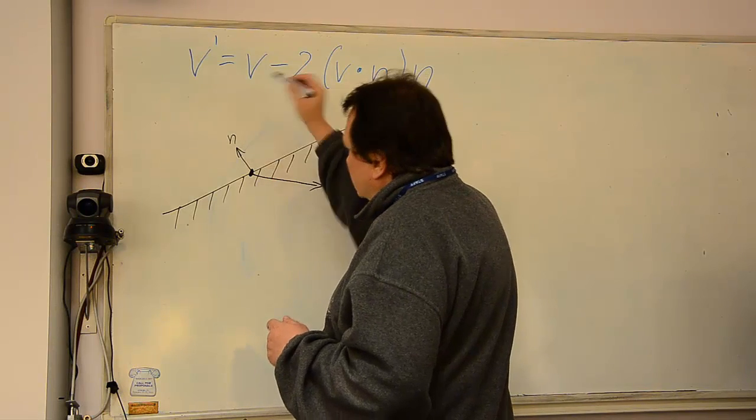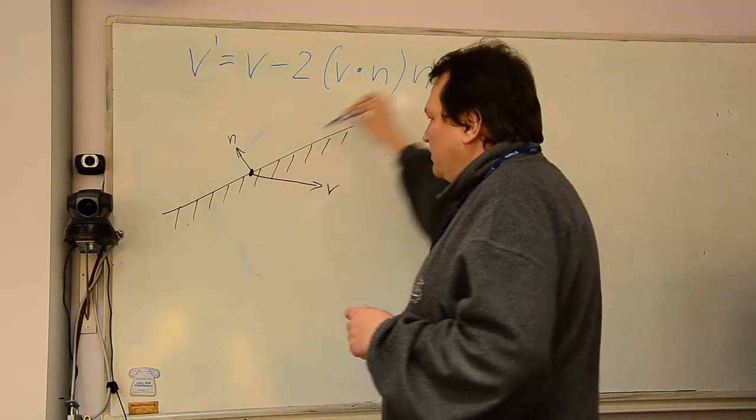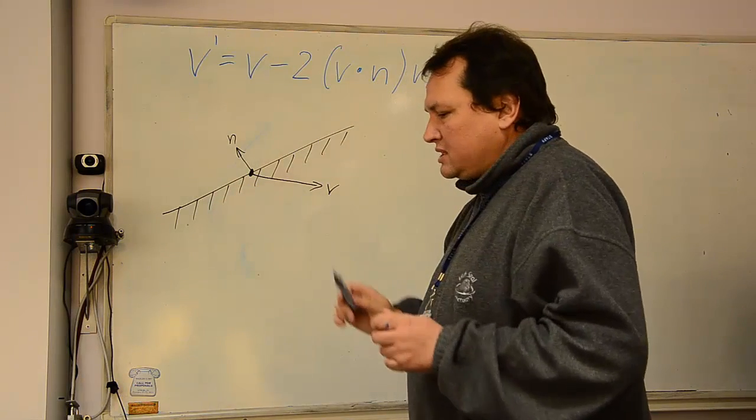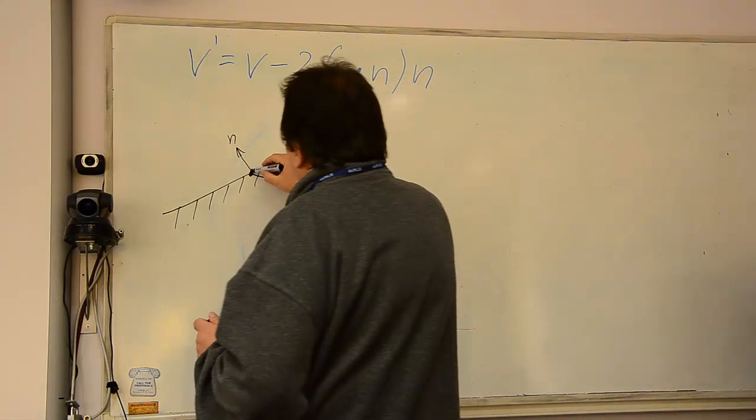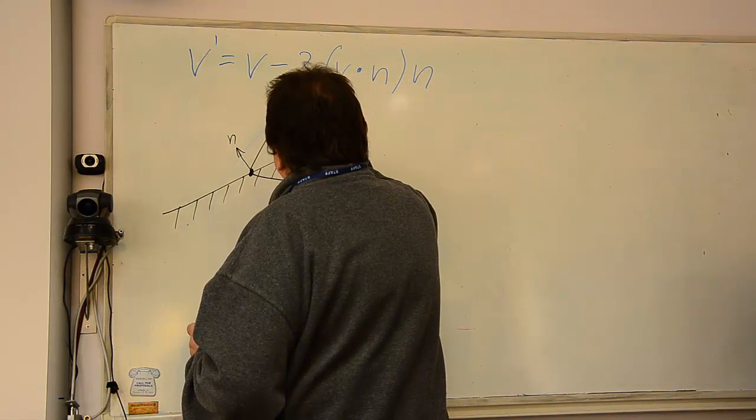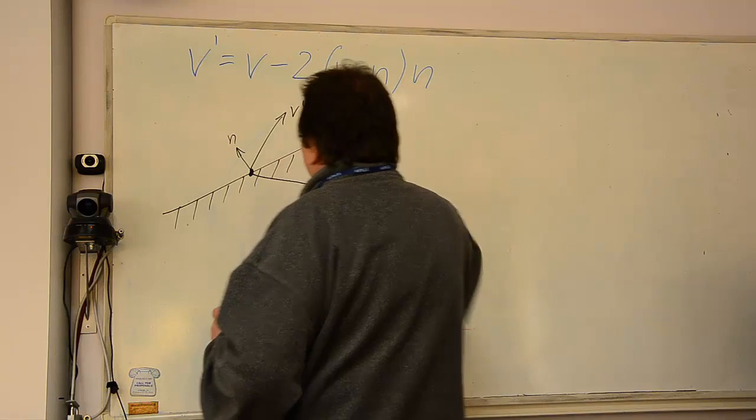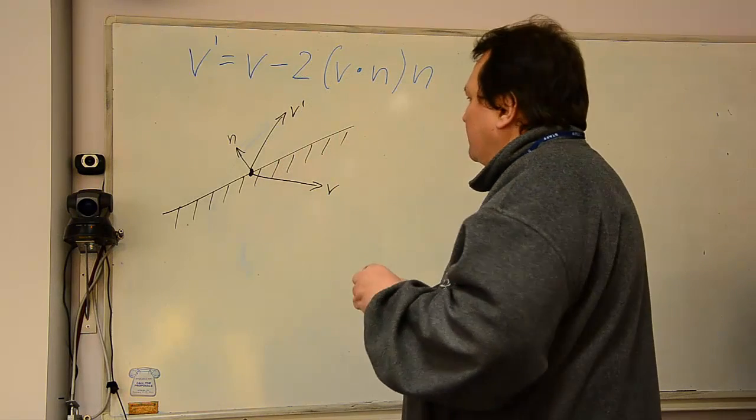Knowing the normal vector which defines the slope of this surface, the task is to calculate the final velocity vector v prime, which will be here.